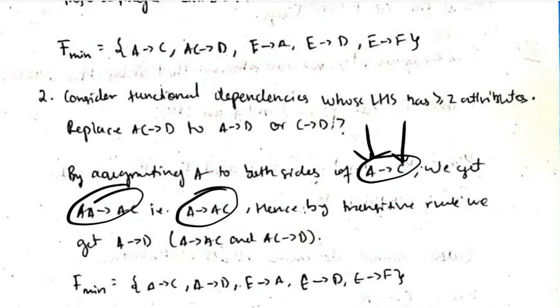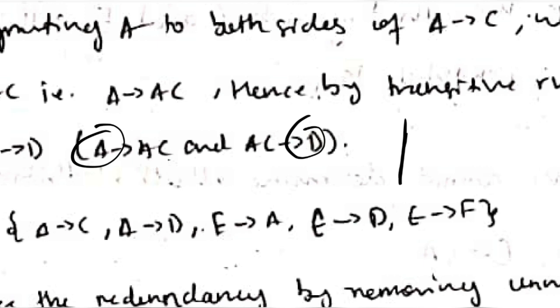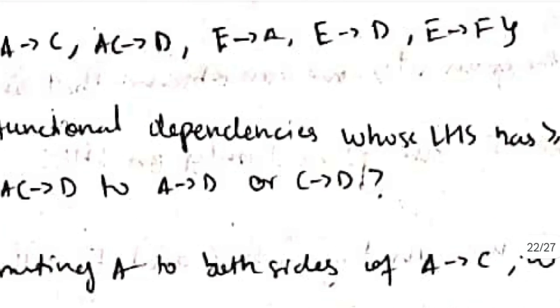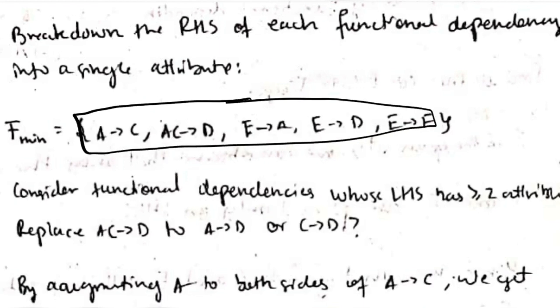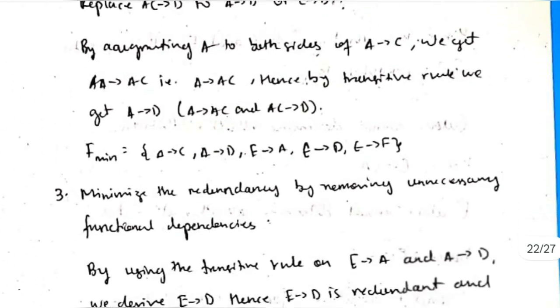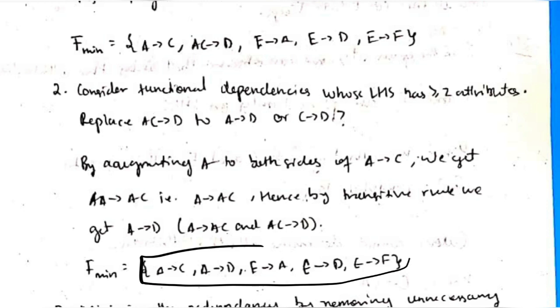When we have A tends to AC and AC tends to D, which is given in the question, by using the transitive property we can write A tends to D. So we will check if it's present in the previous values or not. It is not present, so we can replace this one by A tends to D. That's all we have to change, and we cannot find any more simplifications. So the final answer of the minimal cover will be this much.